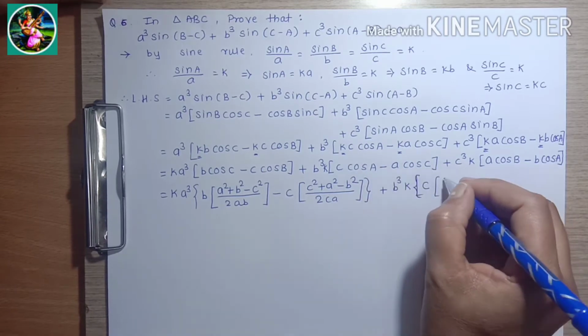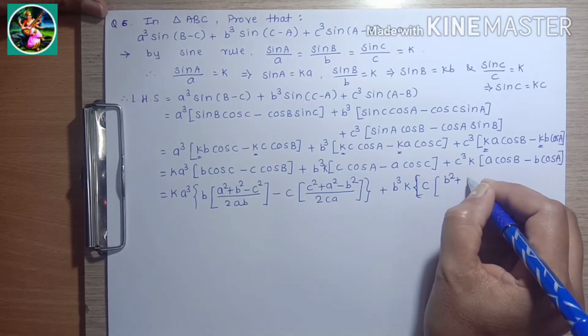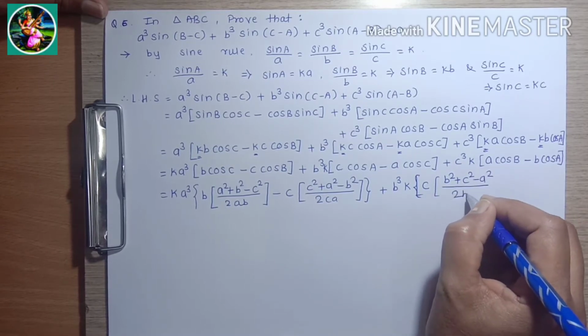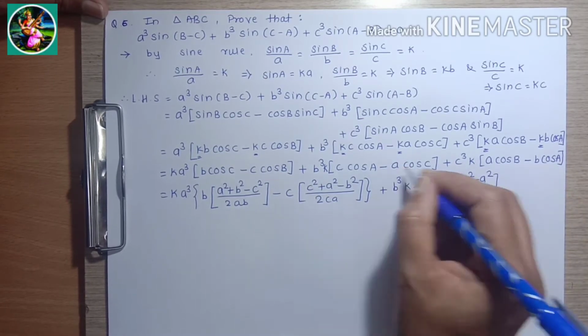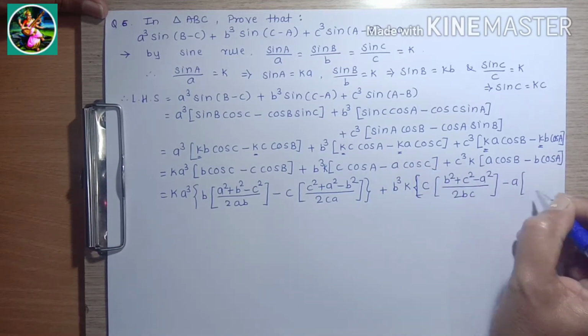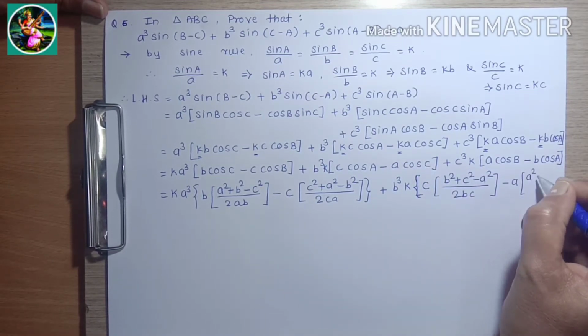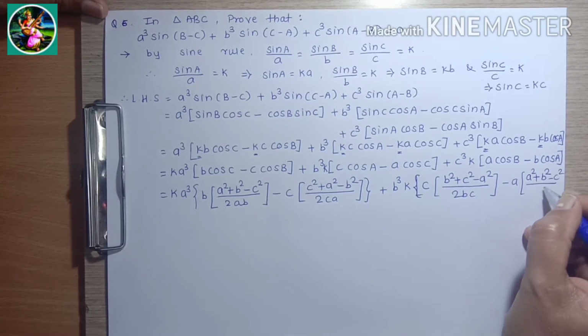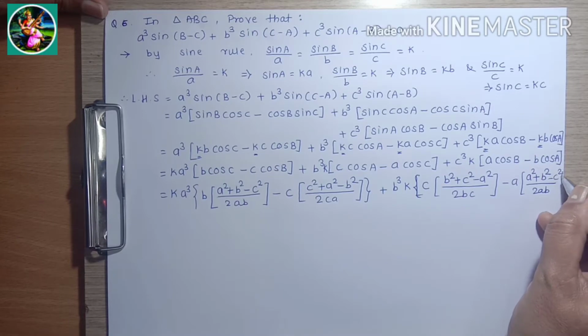b square plus c square minus a square divided by 2bc, minus a as it is into the value of cos c, that is a square plus b square minus c square divided by 2ab. Bracket complete.